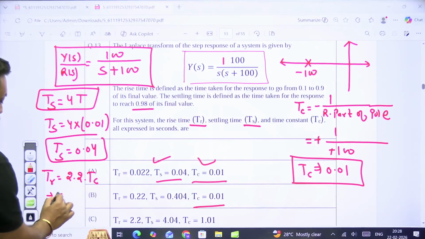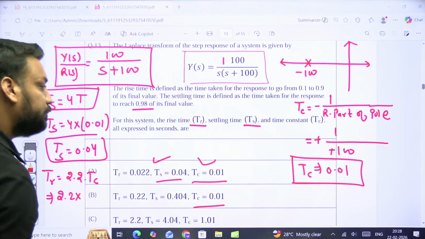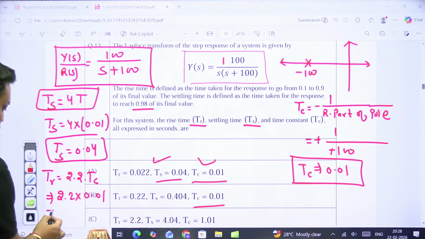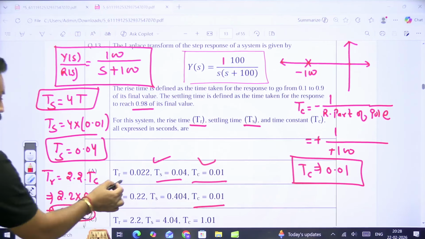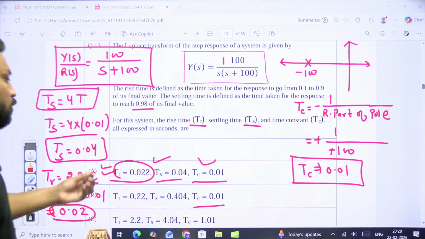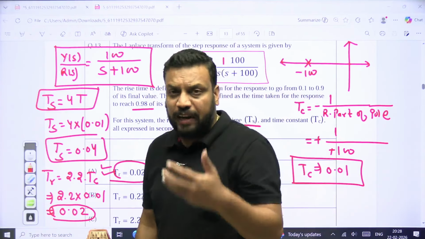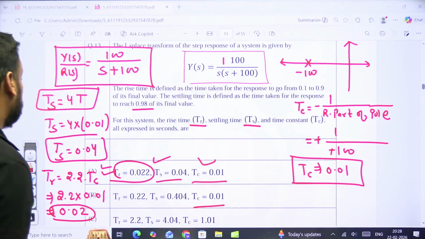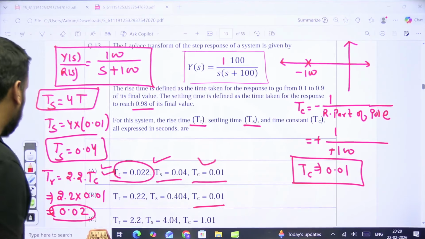The time constant here is 0.01, so when you multiply, you will get 0.022. 0.022 is exactly present in option number A. So option A is matching with all three data, whether we talk about time constant, settling time, or rise time. So the final answer for this question is option number A for Ahmedabad.